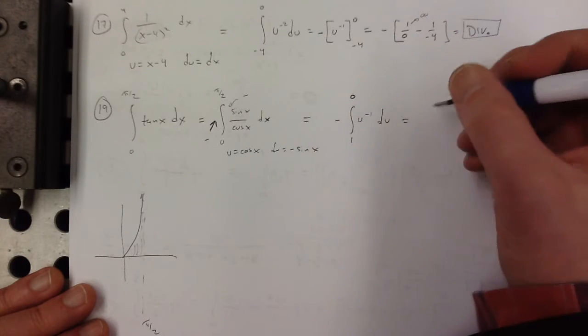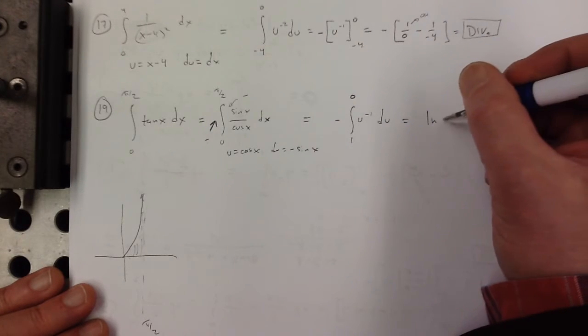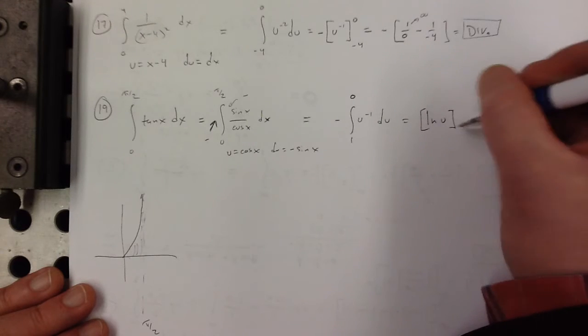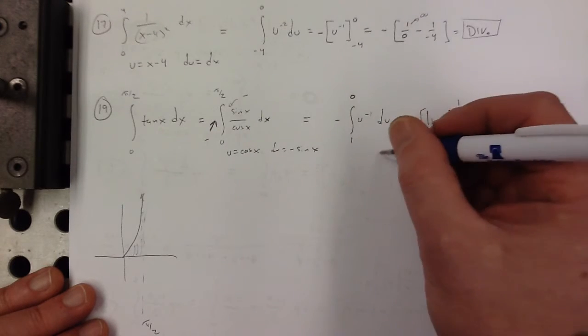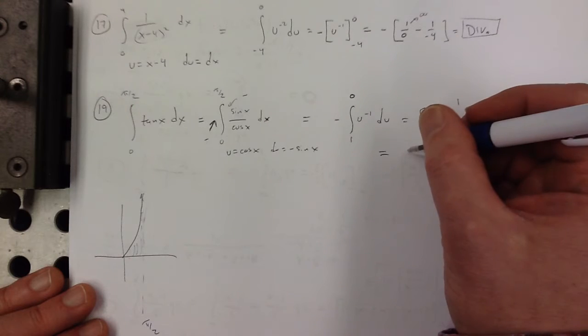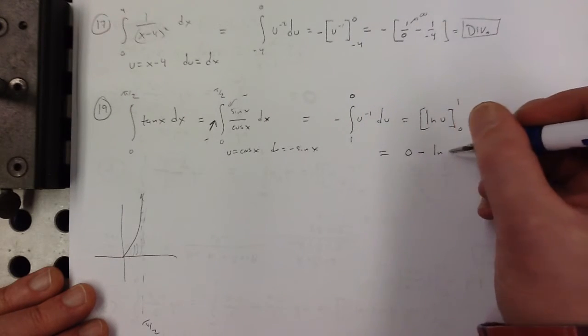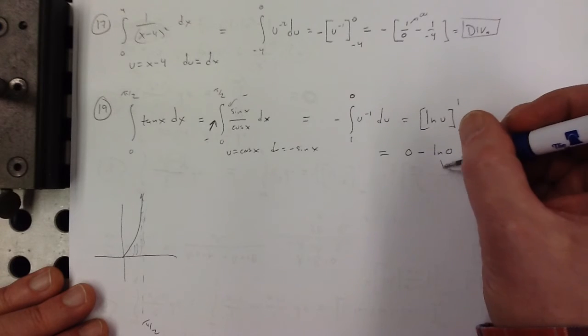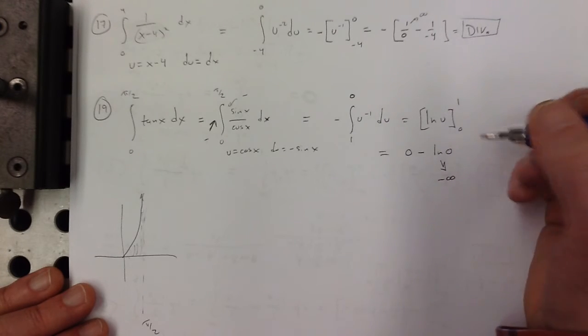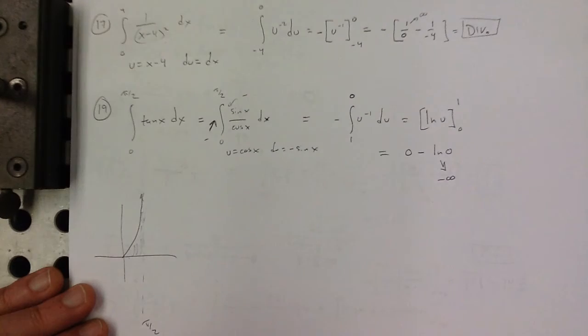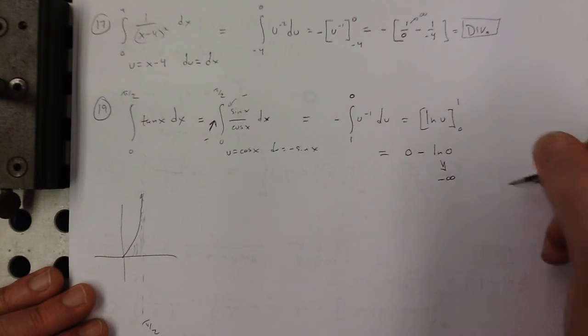So I'm going to use that negative sign to switch things over. So I got natural log u from 0 to 1, and natural log of 1 is 0, minus the natural log of 0, and this goes to negative infinity. So this is trying to be some version of positive infinity, so this is divergent.